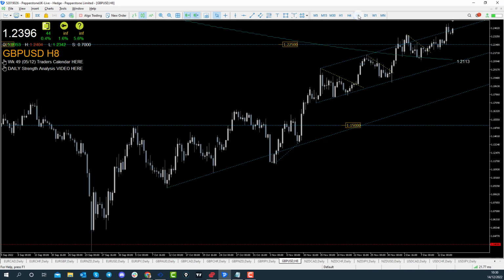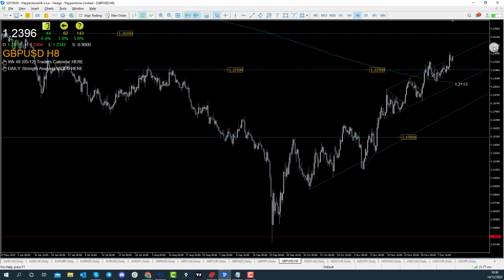Now, if I go down even further, you can see that on this 8-hour time frame, I have this channel punched in at the moment where price was respecting this bullish channel between these two levels here. And recently we talked about the price breaking out of this trend line at the 1.2250. We did just say be aware because price could go either way at this point.